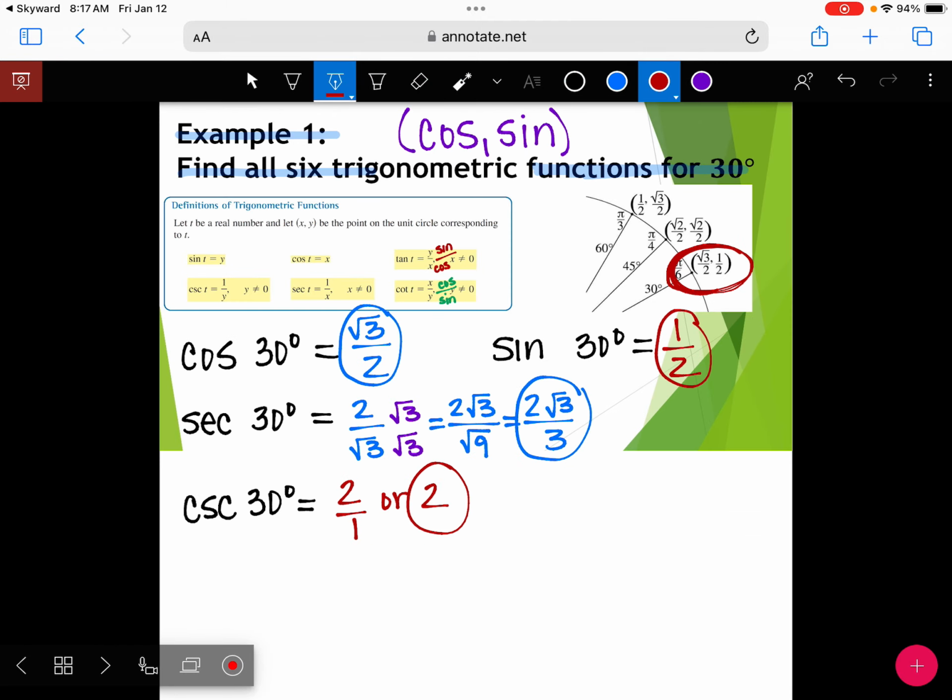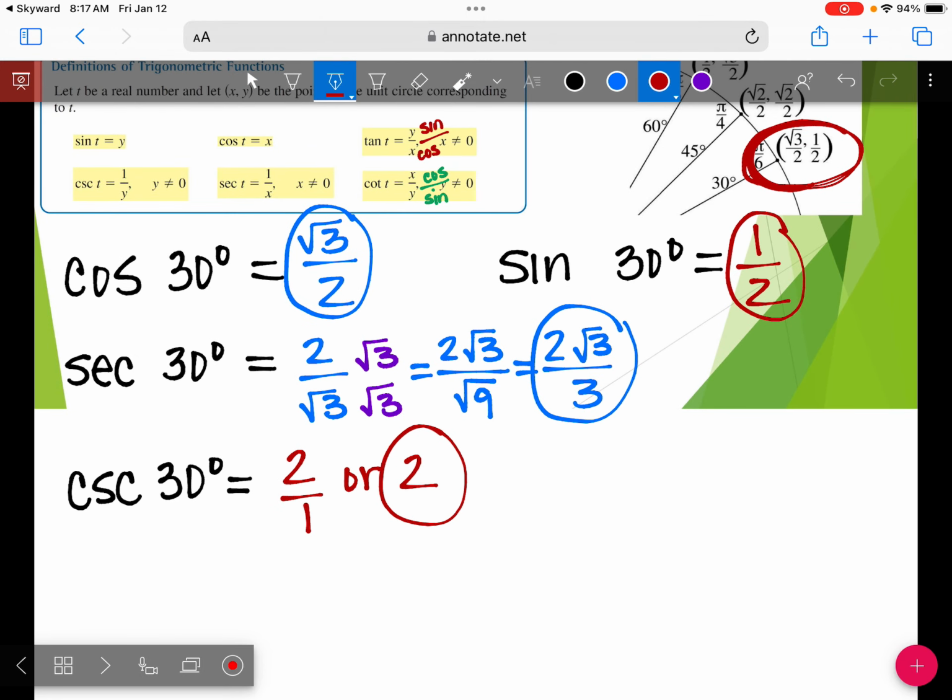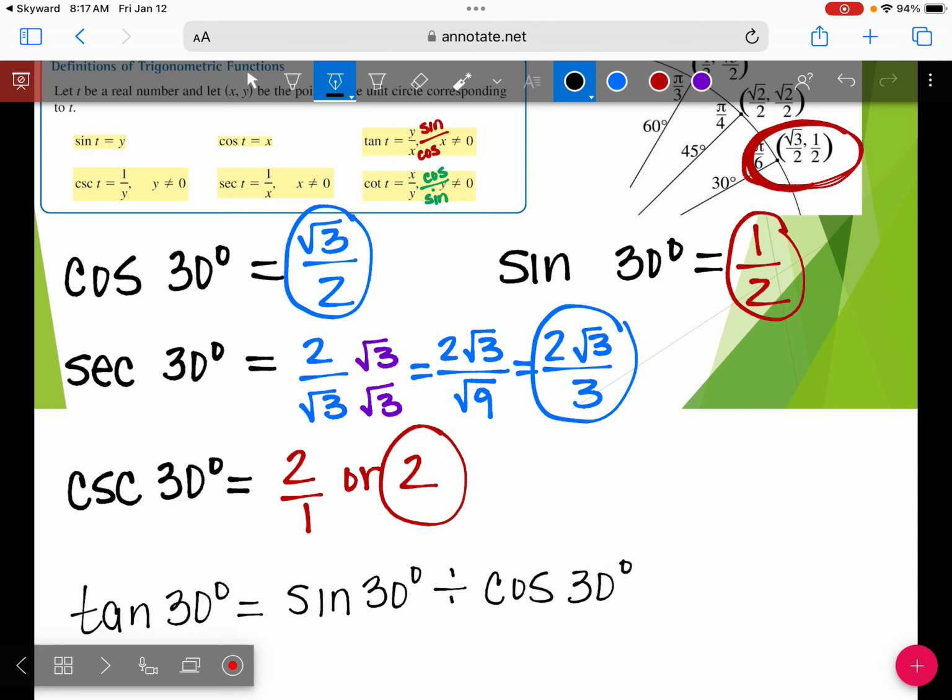Okay, so we have our tangent. So tangent of 30 degrees, I'm going to write this out the long way. All right, so tangent is sine of 30 divided by the cosine of 30. Okay.